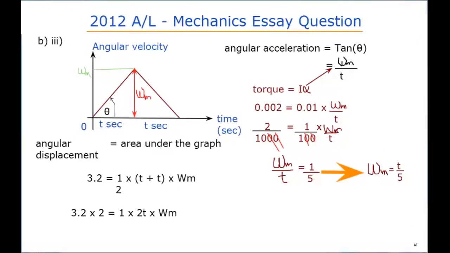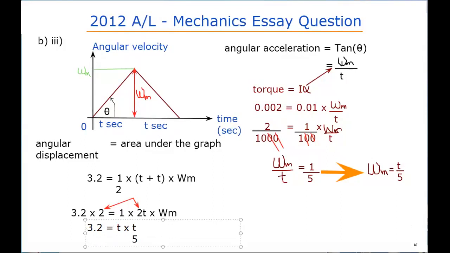Now you should identify that these two and these two can be cancelled out. So what are the remaining terms there? Here I have 3.2. The other side I have t because 2 cancelled out, and I have omega m. What is omega m according to this? Omega m is t divided by 5.